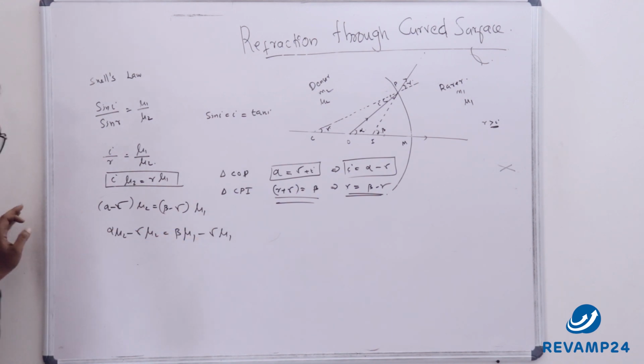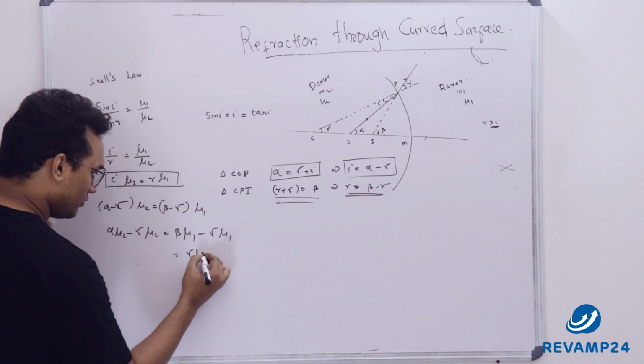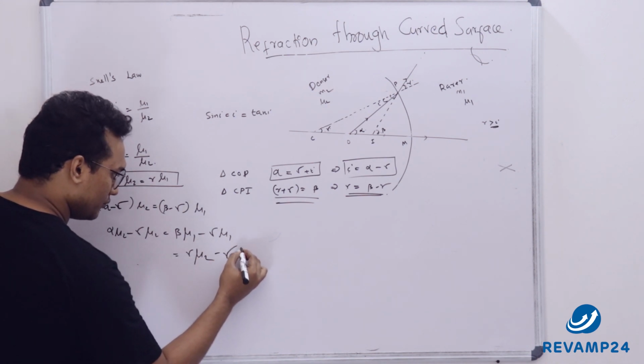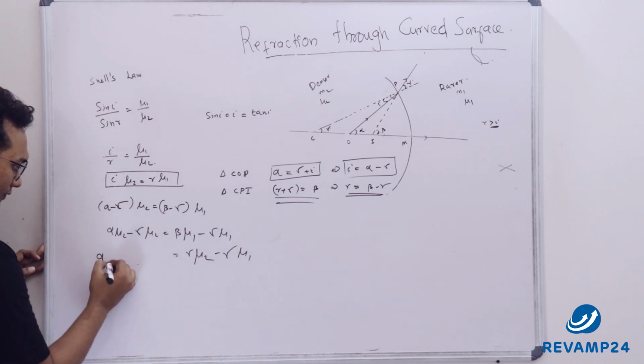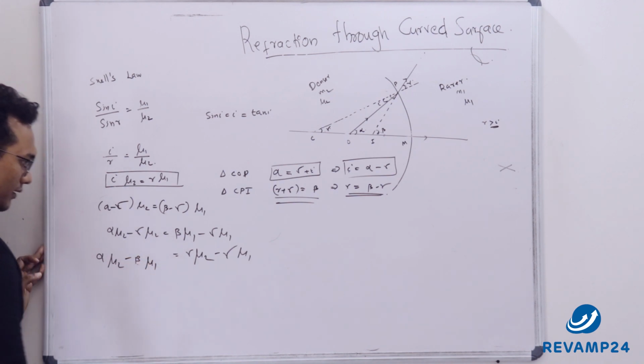Now bring gamma terms together. So gamma into mu 2 here minus gamma into mu 1. Bring this to here, alpha into mu 2 minus beta into mu 1.